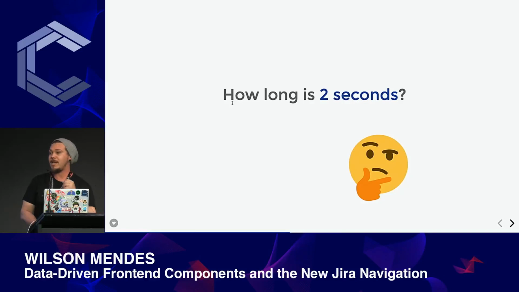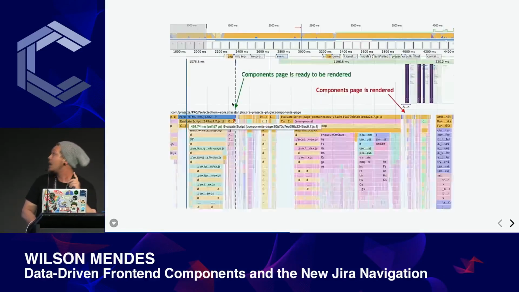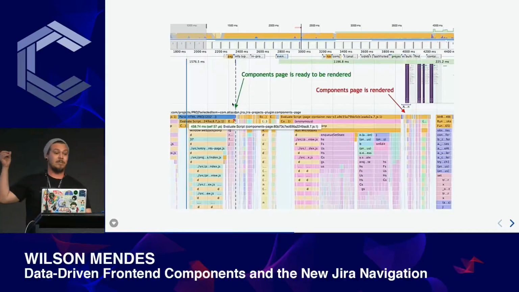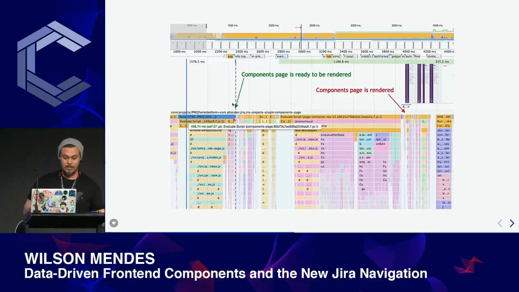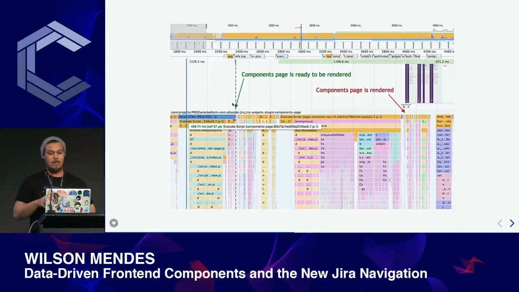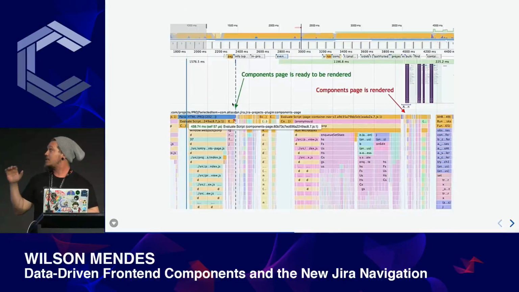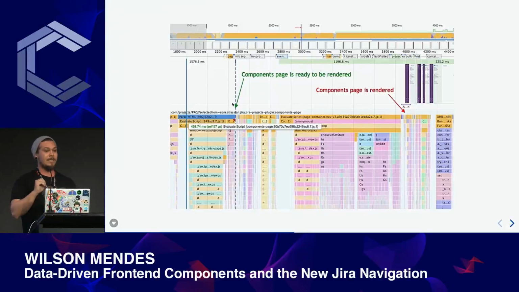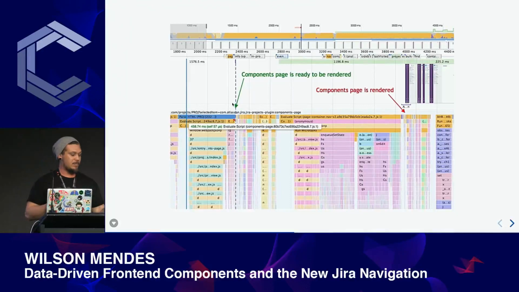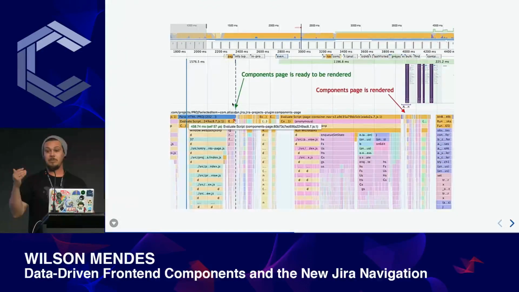And to give you some idea of how much is 2 seconds, this is 2 seconds. But this is 2 seconds as well. That's the time that the navigation component, loaded asynchronously, was ready to be rendered, but it was not rendered, actually. What that means for us is that the file was loaded, but it had to wait for 2 seconds to render the page.